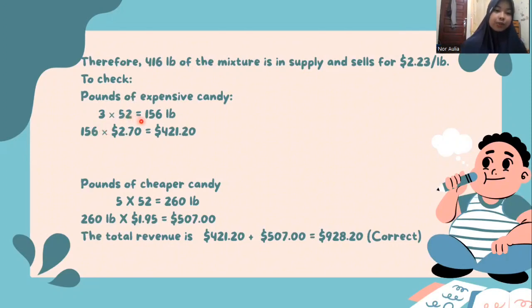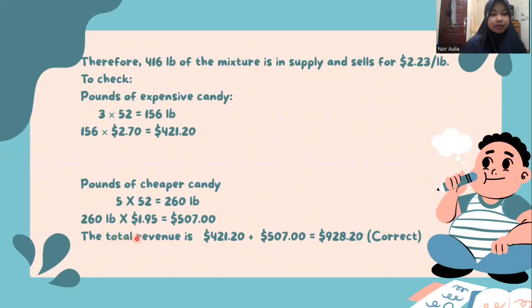To check: pounds of expensive candy is 3 times 52 equals 156 pounds. 156 times $2.70 equals $421.20. Pounds of cheaper candy is 5 times 52 equals 260 pounds. 260 pounds times $1.95 equals $507.